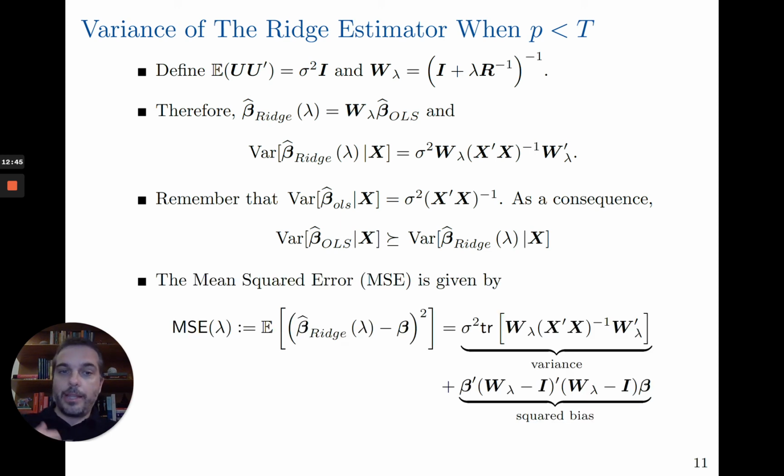And the mean squared error, if we open it and compare the beta hat with beta, we can easily show that this term here will be sigma squared times the trace of that matrix, this will be the variance, plus the squared bias. That's exactly what we derived in the previous slide. So this is the variance, and this is the squared bias.